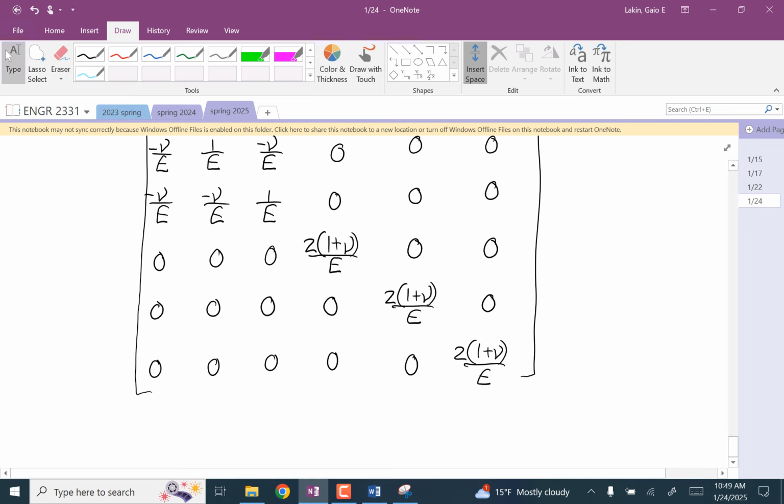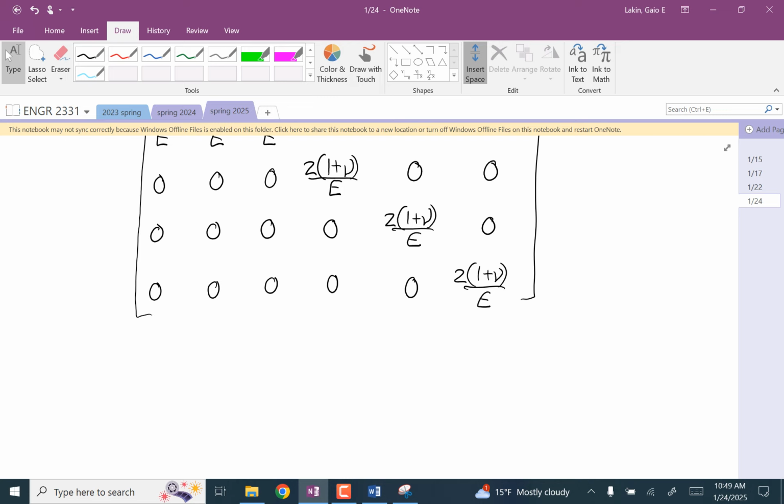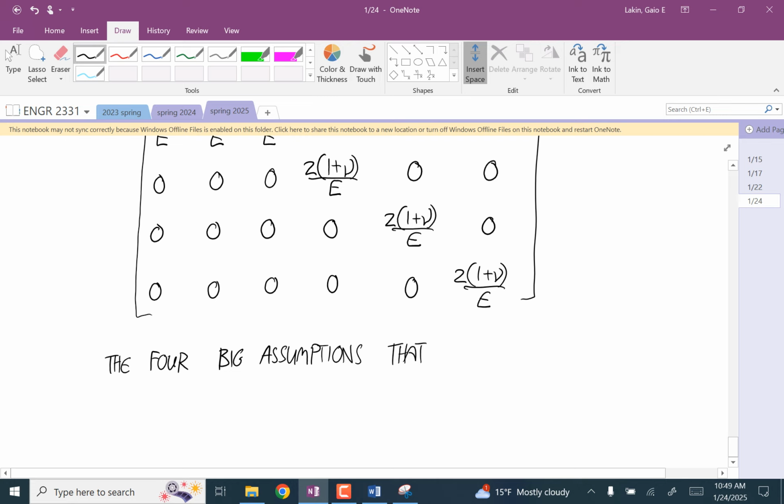And so since this is the constitutive relationship that we're going to use, I want to write down the 4 big assumptions that we're always going to make in this class that allow us to use this. So let's call this the 4 big assumptions that allow use of the compliance matrix or the stiffness matrix.